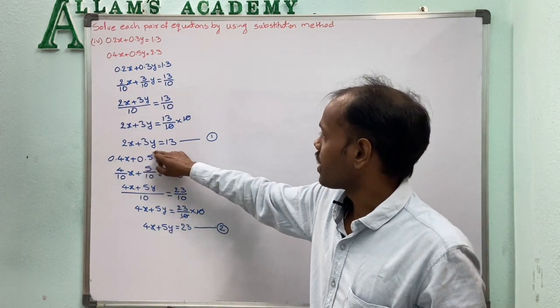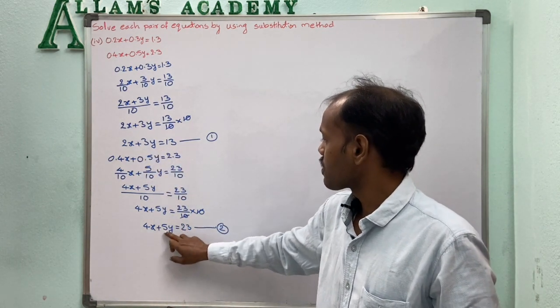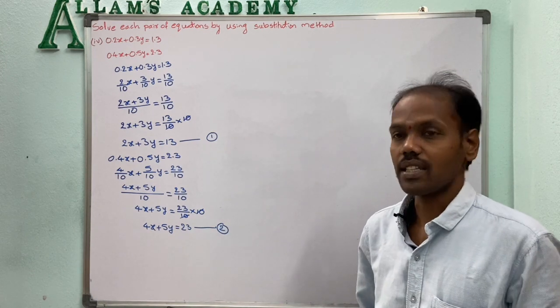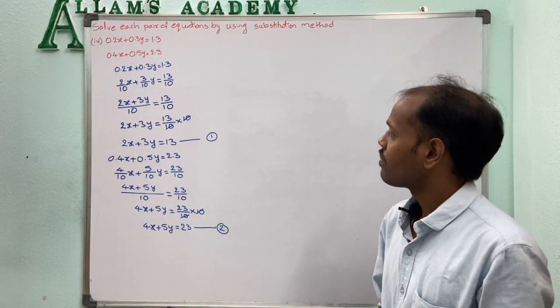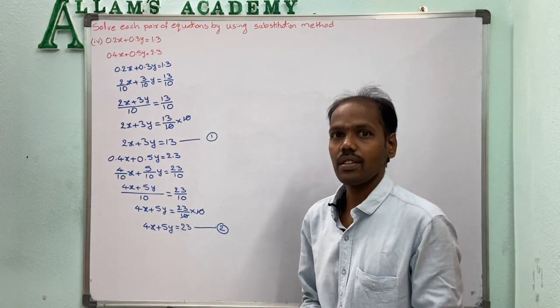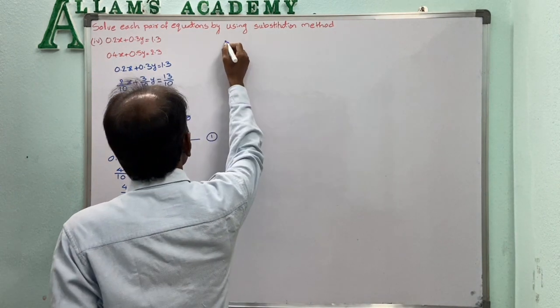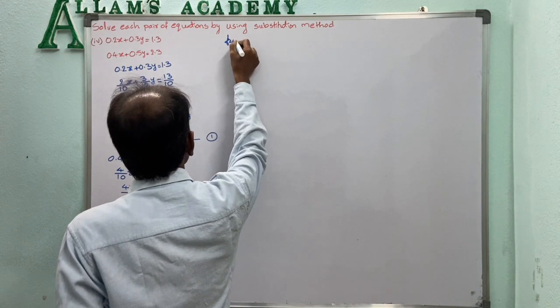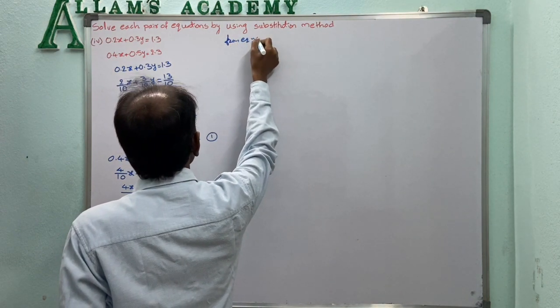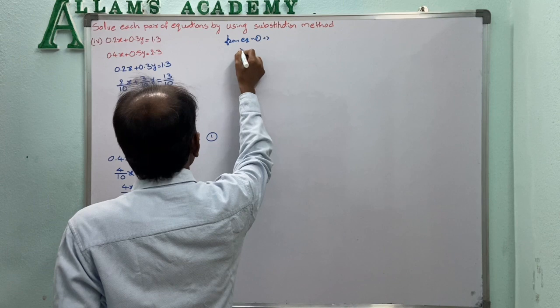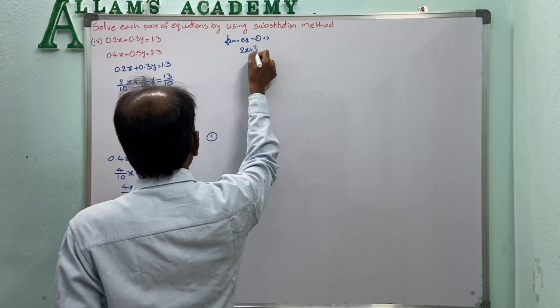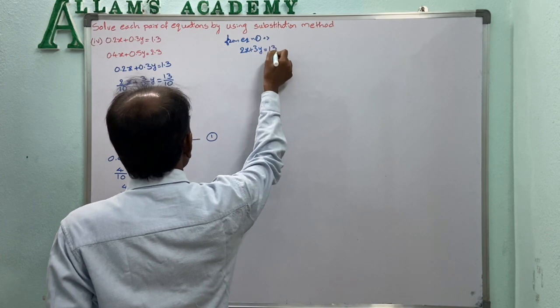Now we get the two equations. 2x plus 3y equal to 13, 4x plus 5y equal to 23. Now we take any one equation and substitute in another equation. If I am taking the first equation, from equation 1, 2x plus 3y equal to 13.